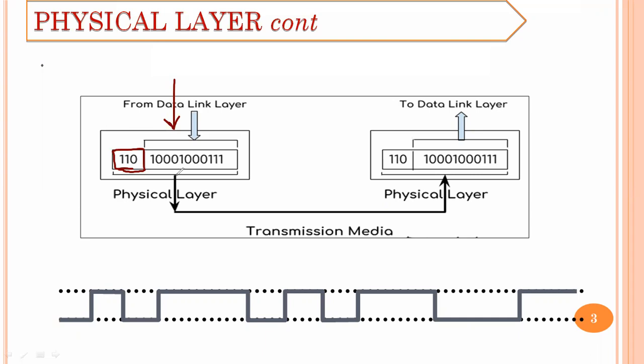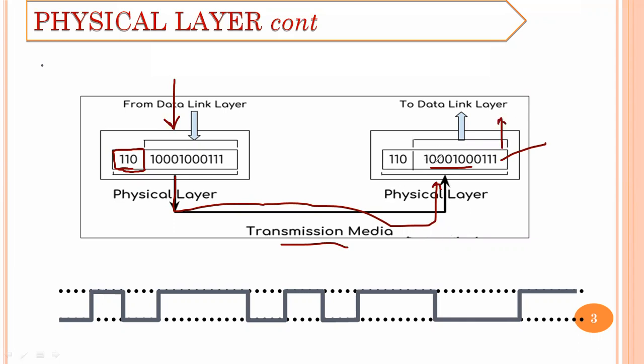This data will be transferred from the physical layer to the physical layer of the destination via a transmission medium. At this point the source address and destination address will be checked, the error detection code will be used to detect whether there are any errors in this data, and then the data will be shifted to the data link layer.